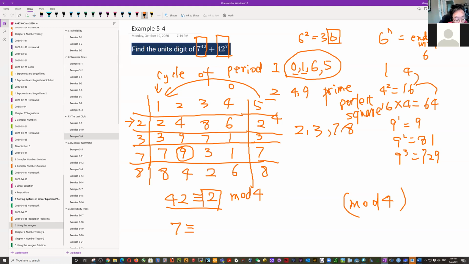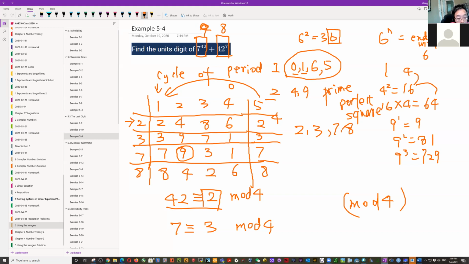7 is congruent to 3 mod 4. So 2 to the third power is 8. So this is going to end with 8. And the first one, 42, is congruent to 2, so it ends with 2... it ends with 9, because 7 squared ends with 9.